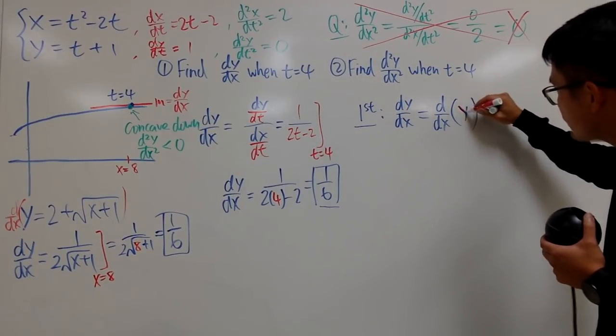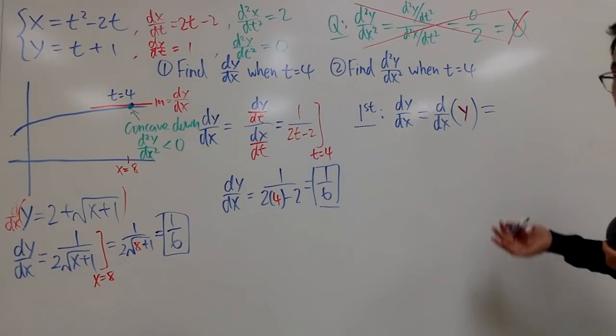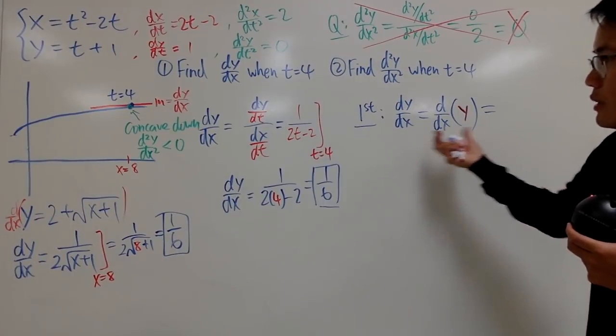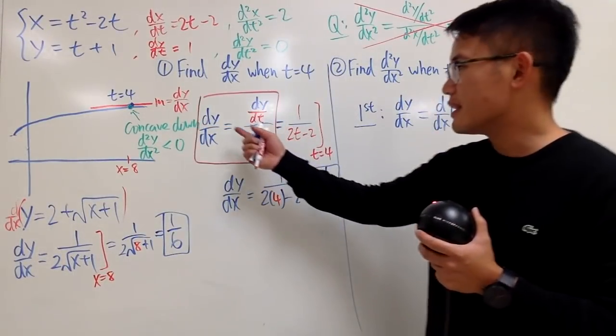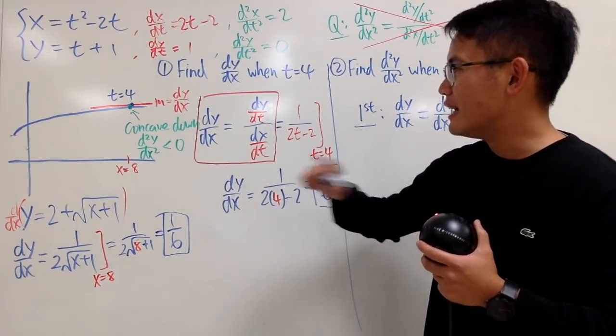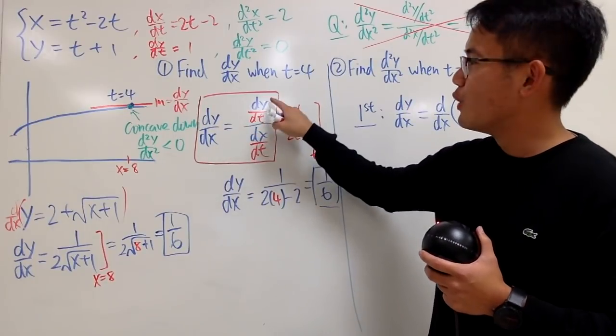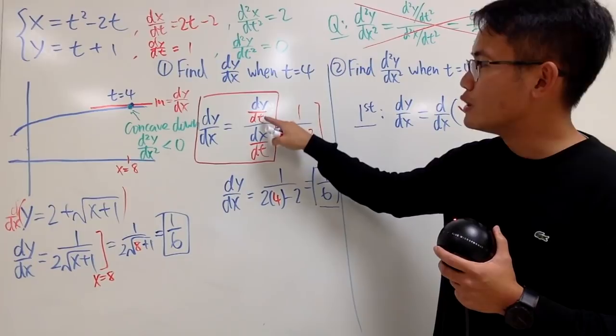And this time, let's focus on this y in red. We're talking about parametric equations, so let's look back to what we did here. We had this formula, the connection between dy/dx and dy/dt and dx/dt. Check this out: y here, y here. For this, we are differentiating y with respect to time.